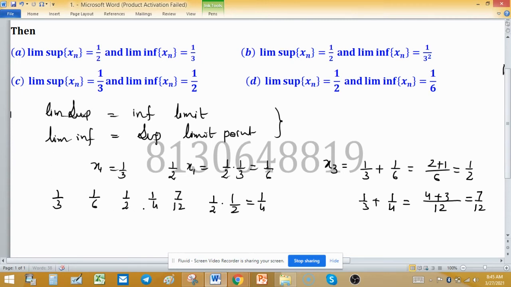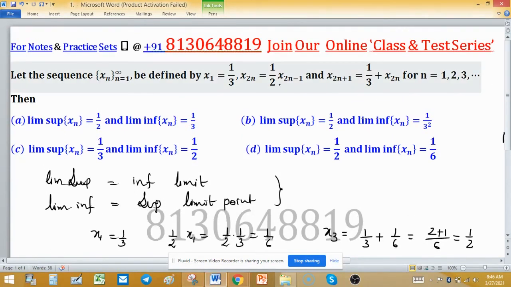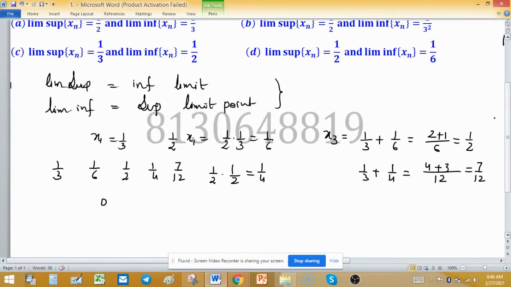So you can identify this sequence is not monotonically increasing or decreasing, but this sequence is bounded. All terms are positive, so you can say 0 is a lower bound, and the even terms are defined by half of the previous one. So all terms are near about 2.